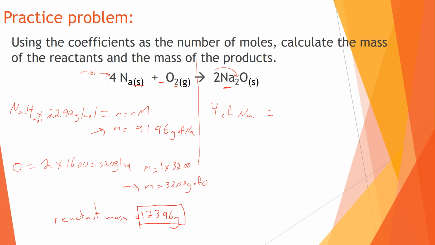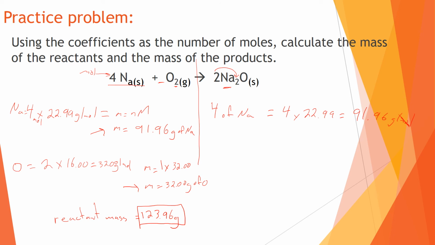My sodium is 22.99, so 4 moles of sodium, which would be 4 times 22.99, is equal to 91.96 grams. The moles got canceled out in our formula.